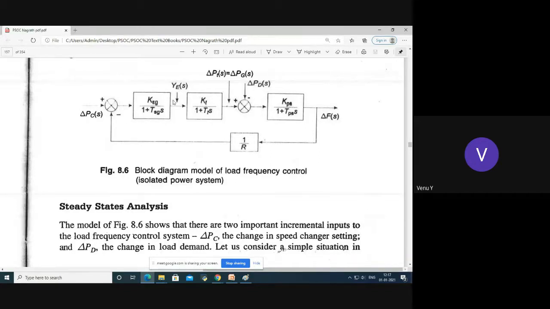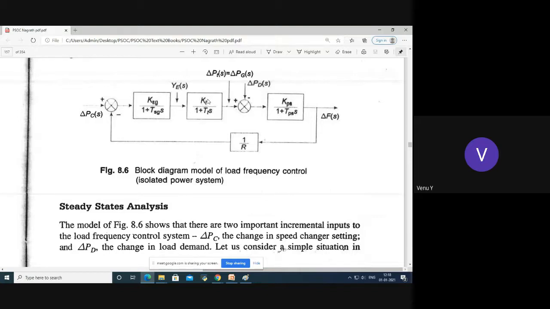Entire thing, so this is unity anyhow, 1 by R. Like that you can get the approximate model of the single area system. It is steam turbine, so you can also use it for hydro turbine. So instead of steam turbine model, you can use hydro turbine model here.